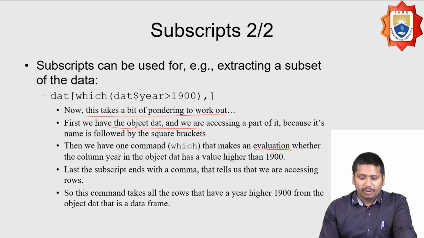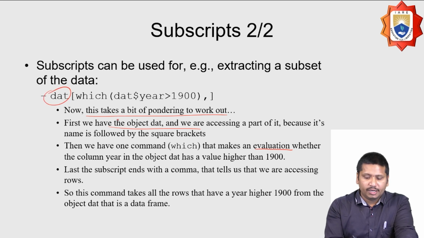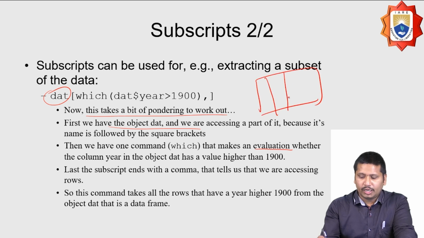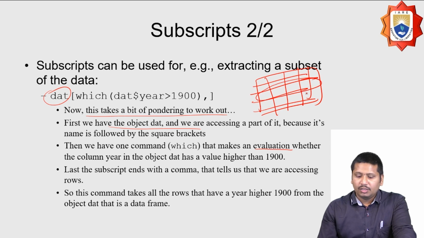Okay, so that means subsets are normally used for extracting a subset of the data. So this is the data frame, normally like a table. If I want to access some particular part of this, then I can go for subscripts here.